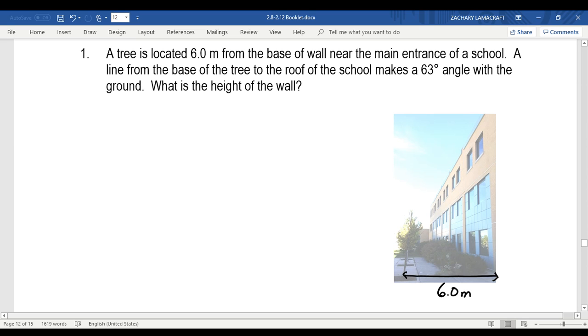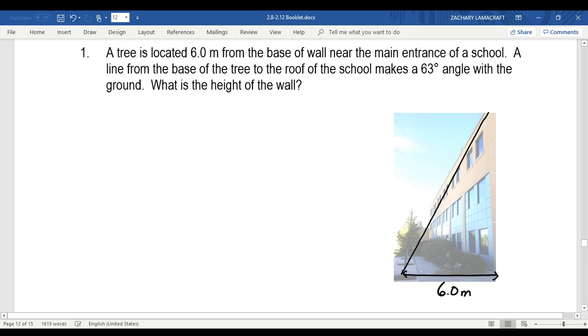A line from the base of the tree to the roof makes a 63-degree angle with the ground. What is the height of the wall? So what they're looking at here is that from the base of the tree, to the height of the wall or the top of the building, it makes a 63-degree angle.